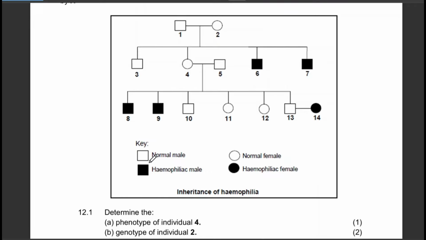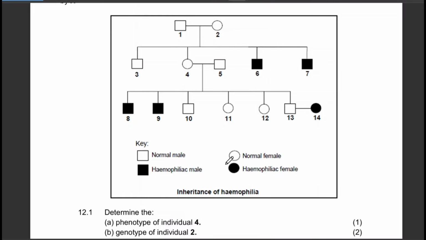So for any individual with a square that is not shaded, it's a normal male. That means this male does not have hemophilia. Then a square that is shaded is also a male, but this male has hemophilia, right?